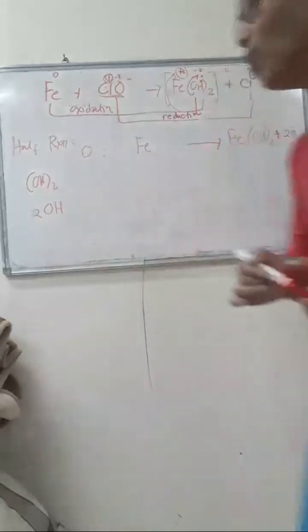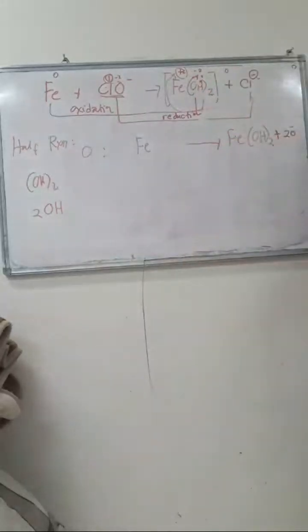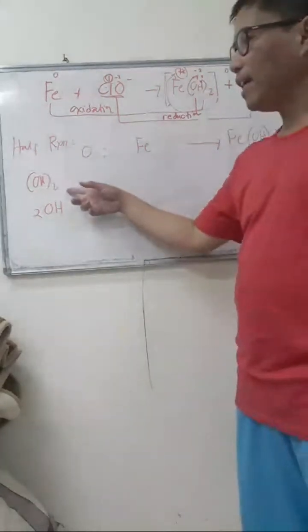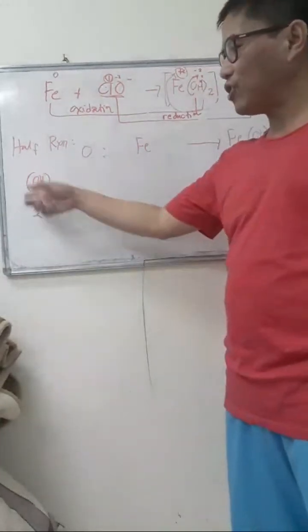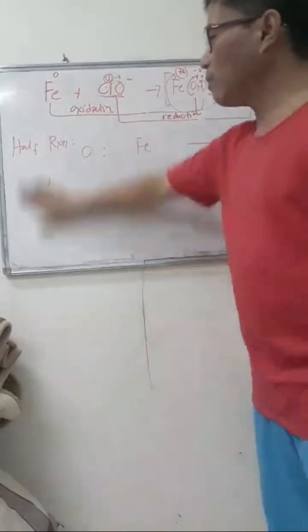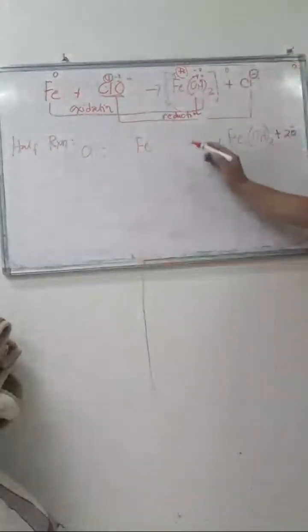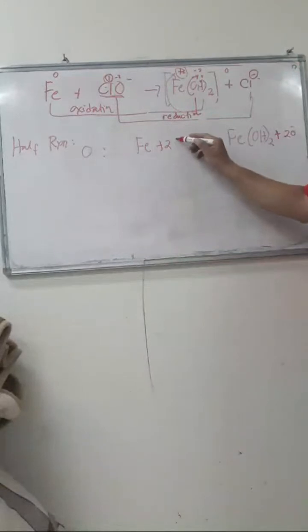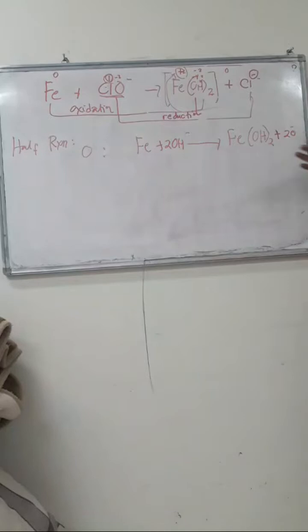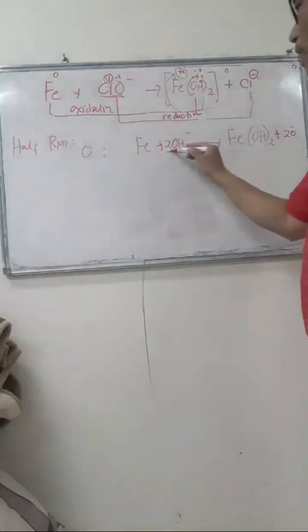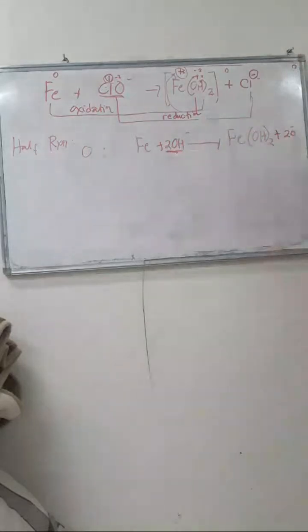As I told you, the subscript multiplies the compound, so the subscript becomes the coefficient of hydroxide. So it will become plus 2OH on the other side. Why? Of course, to compensate the hydroxides in the iron 2 hydroxide. So we need to put 2 moles of hydroxide here, because if we add more here, it's too much already and it will not be balanced.